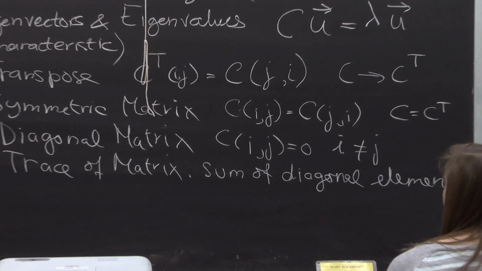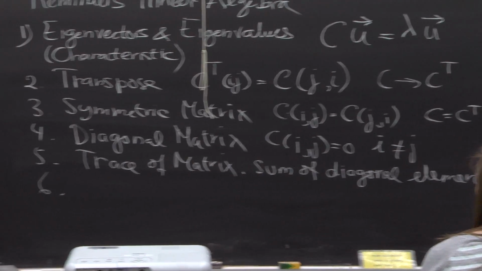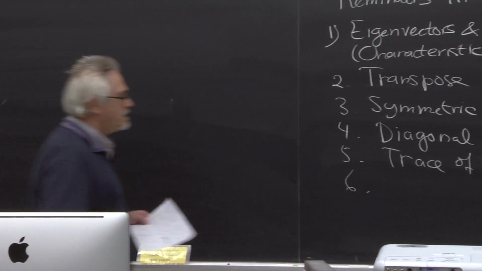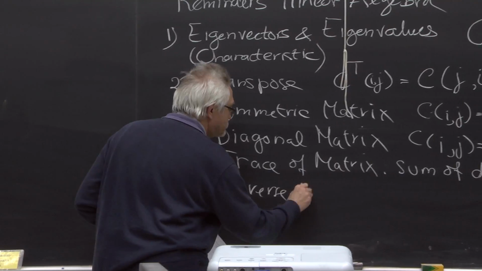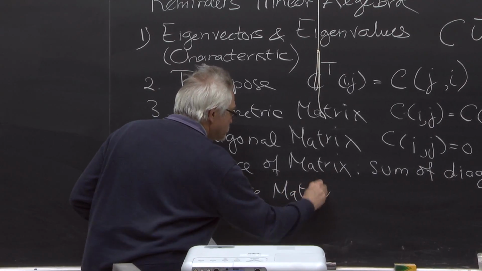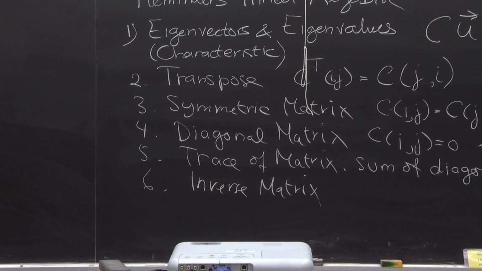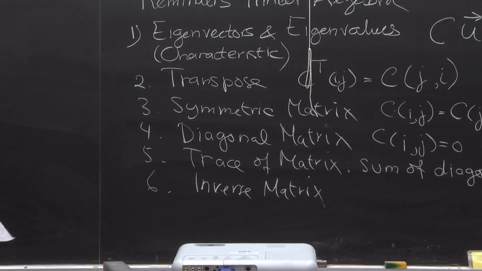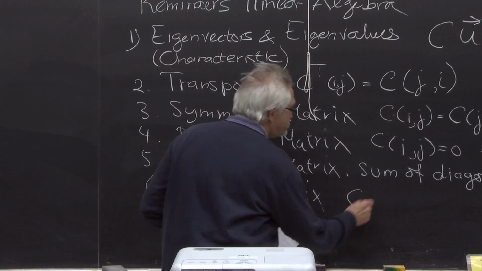Yet another one, we're closing to the end, that's about all we're going to need, is the inverse matrix. As you probably know, not every matrix has an inverse, but many of them do, and we are dealing with the case where matrices do have it.